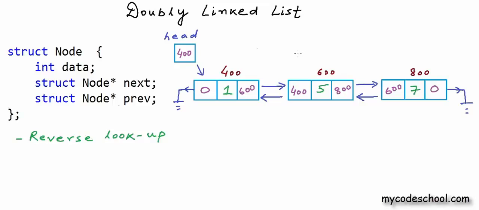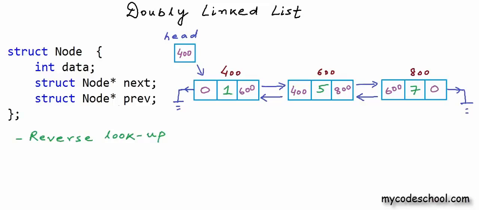In a singly linked list, to delete a node you would need two pointers, one to the node to be deleted and one to the previous node. But in a doubly linked list, we can do so using only one pointer, the pointer to the node to be deleted. All in all, this ability that we can do a reverse lookup in the linked list is really useful. We can flow through the linked list in both directions.